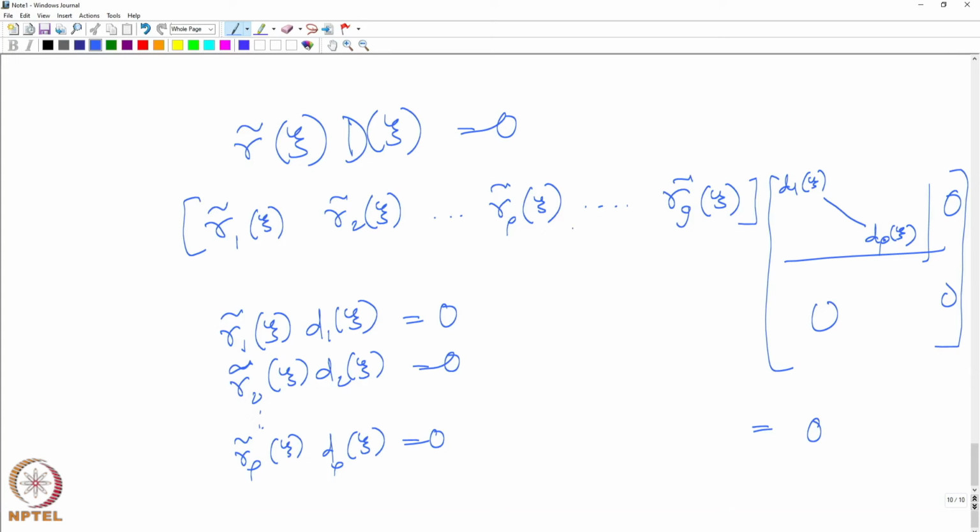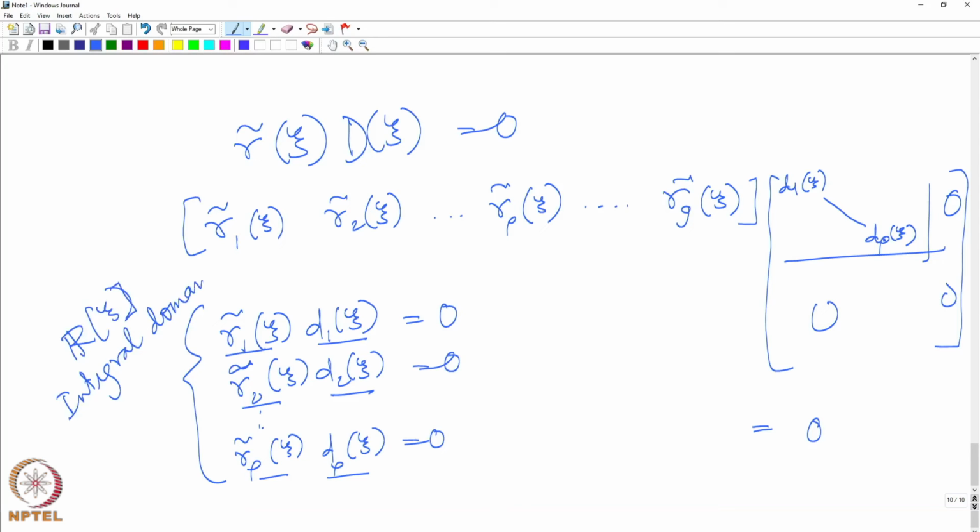But see, these are polynomial equations, and the polynomial ring R[ξ] is an integral domain. That's a fancy name for saying that in this ring, if you take two non-zero polynomials and multiply them, you can never get 0.